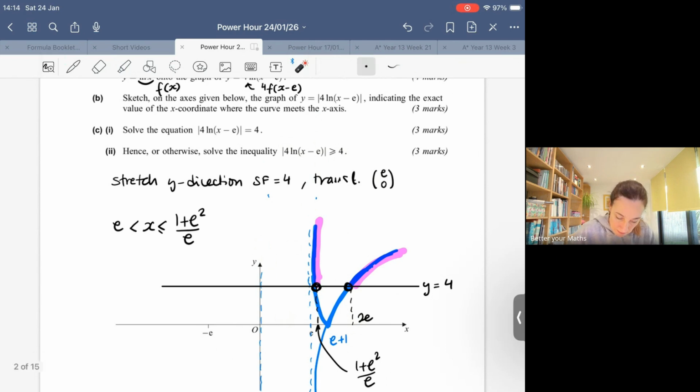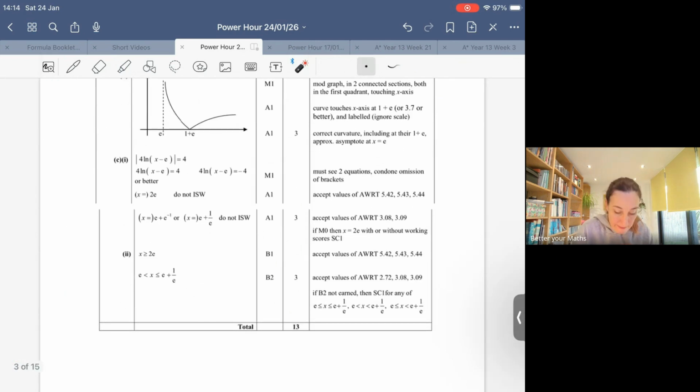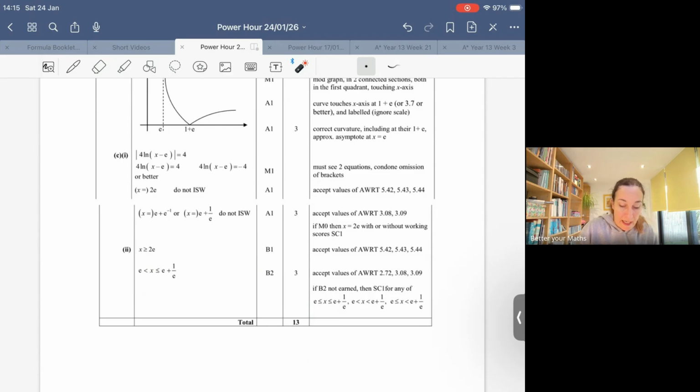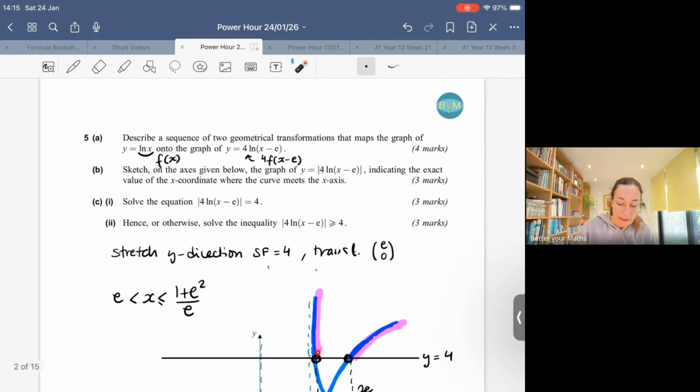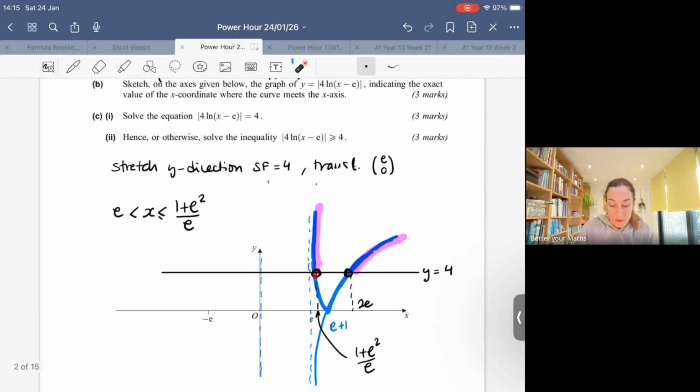Let me show you, let me see if they do that or not. Yes, look. Because you don't have function on the left of e, you have a vertical asymptote. There is nothing after here. And if you write x smaller than this value, it will mean all the way to minus infinity. So if you don't have a function on the left of something, you have to restrict your answer to there.